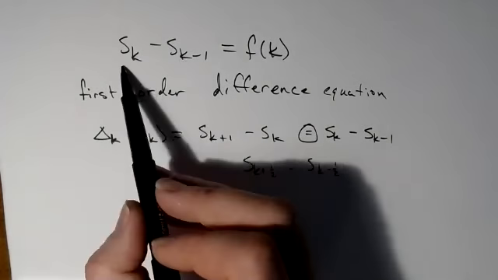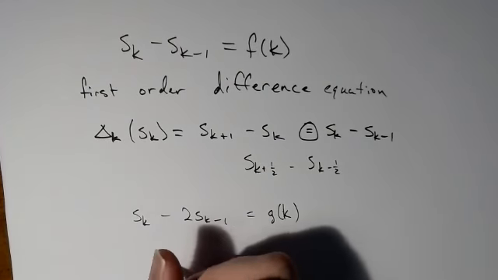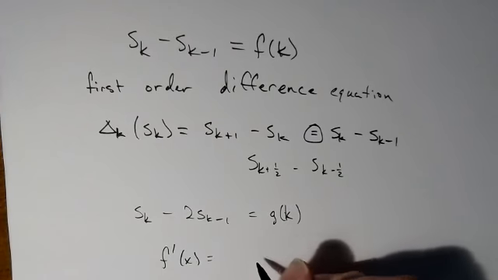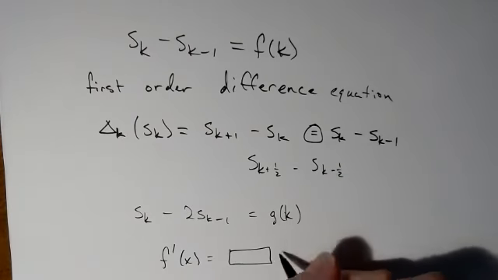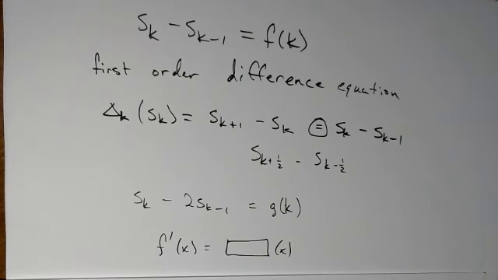So this one is a first order difference equation in the same way that f prime of x equals some expression for x was a first order differential equation in Calc 1. So the easiest kind, the kind you can get by integrating.